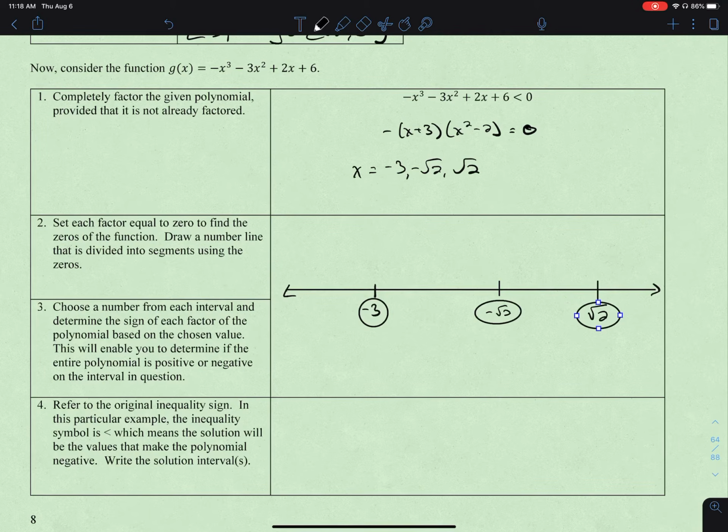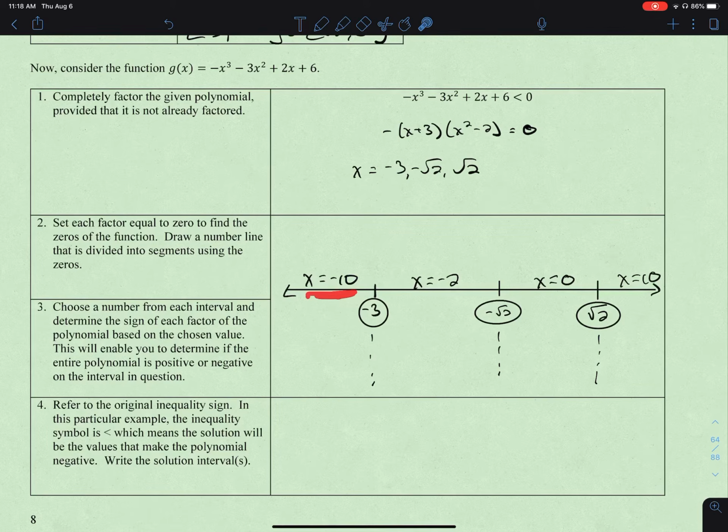You then pick a test point in each of these intervals. To the left of negative 3, I just chose negative 10 again. Between negative 3 and negative square root of 2, I chose negative 2. Between negative square root of 2 and square root of 2, I chose 0. And to the right of the square root of 2, I chose 10.